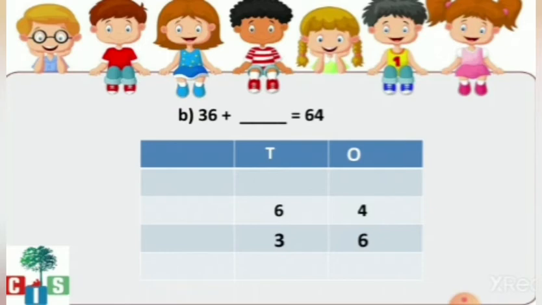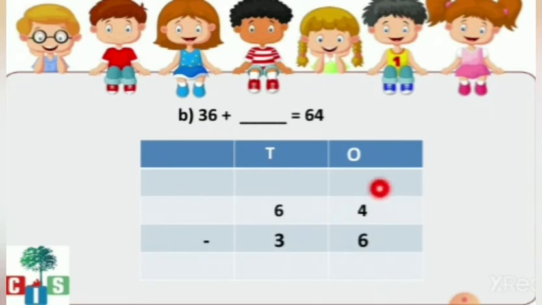Now the sign is here plus, but we have to find this number. So what we are going to use here? Minus sign. Okay. Now let's move to the ones column. 4 minus 6. 4 minus 6 cannot be done. So what we have to do is we will borrow it from tens column.